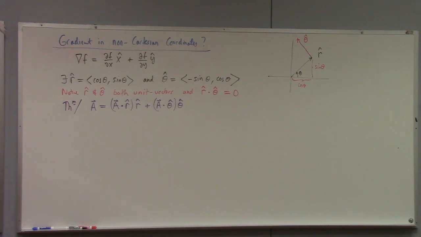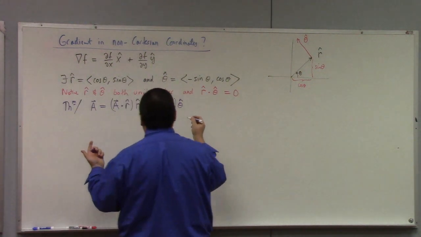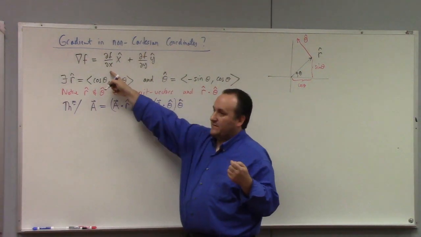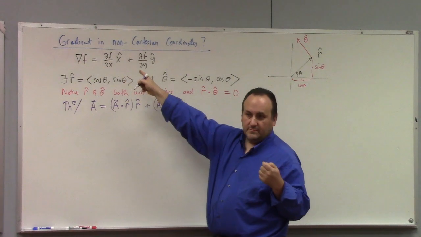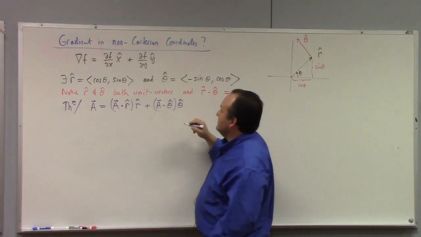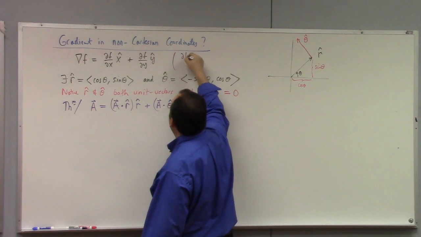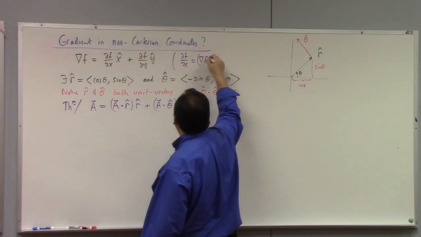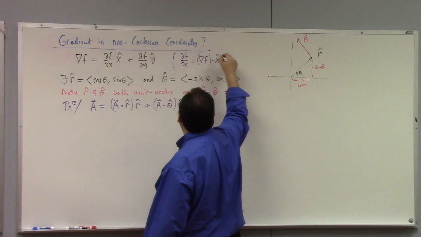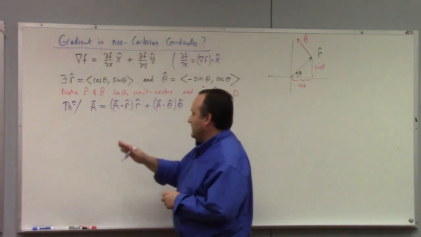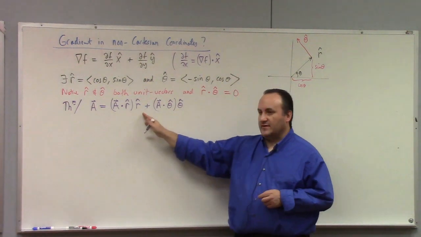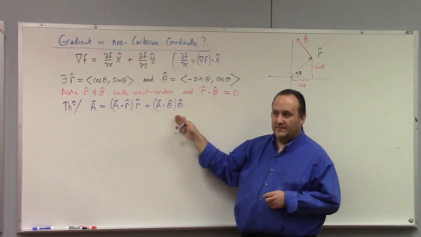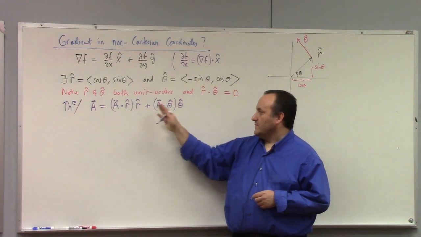Does this make sense? We do the exact same thing with x hat and y hat, right? What is partial f partial x here? You can think of it this way. Partial f partial x is nothing more than the gradient of f dotted with x hat, because it's the x component. So this is exactly the same idea, but in polar coordinates. Any vector we can build in terms of the so-called polar frame.